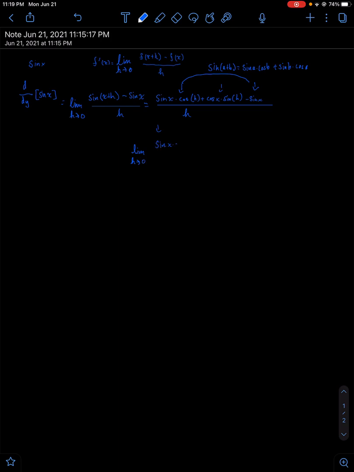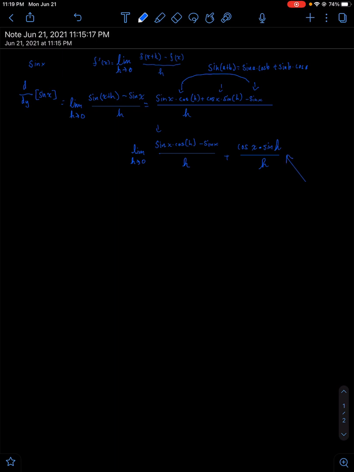So we got sine x times cosine h minus sine x over h, plus cosine x times sine h over h. There are certain things that I noticed here. The first one is one of the identities of a limit that we proved using the Squeeze Theorem.